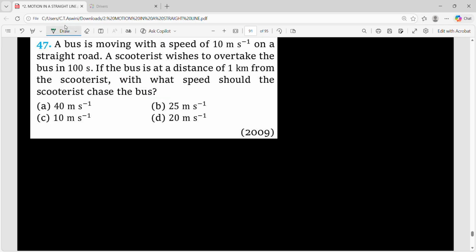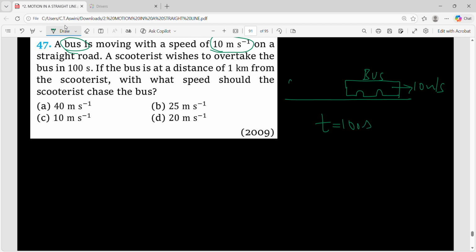See this question. A bus is moving with a speed of 10 meters per second on a straight road. How much is the speed of the bus? 10 meters per second. A scooterist wishes to overtake the bus in 100 seconds.